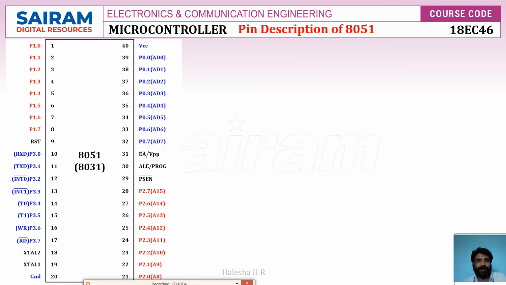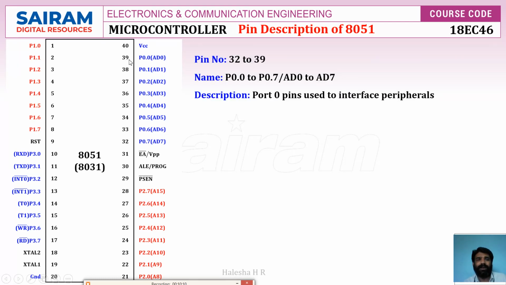And the remaining pins, that is pin number 32 to 39, are named P0.0 to P0.7, or the alternate function is AD0 to AD7, address bar data 0 to 7.